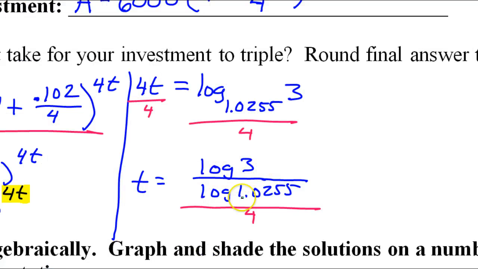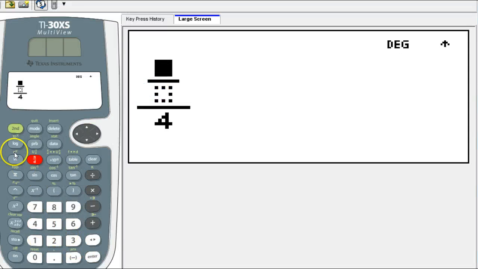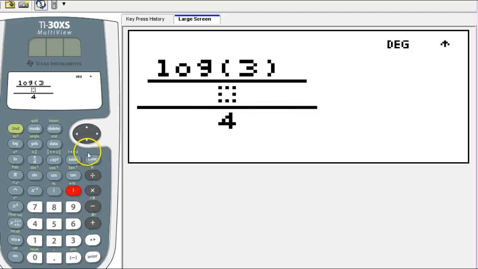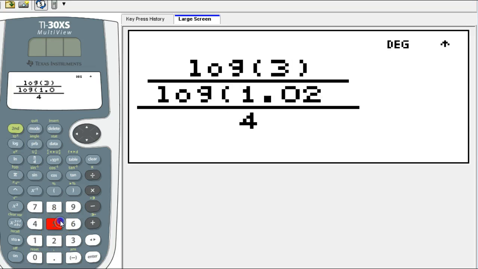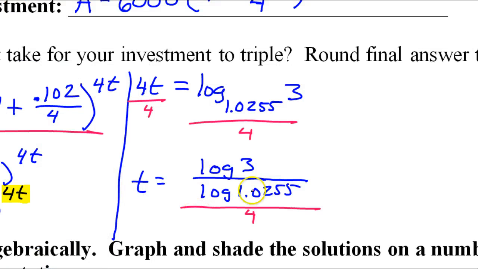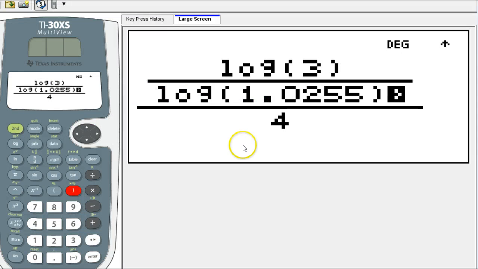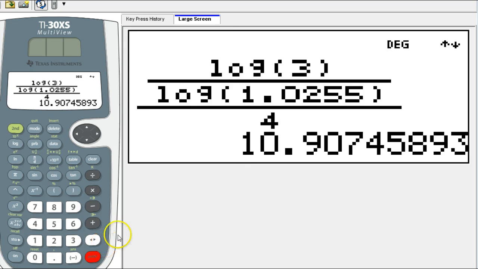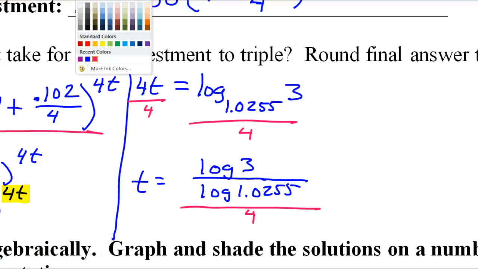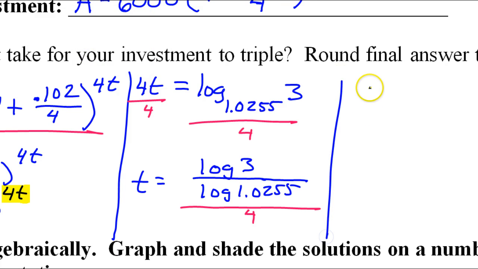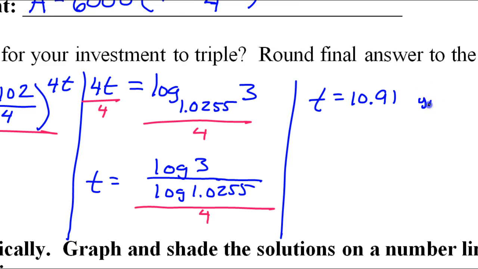So that fraction is log 3 over log 1.0255. Okay, so that's how you would type this in as a compound fraction. And then you can just hit enter and get your answer. So it's 10.91. Got to round up. Okay, 10.91 years.